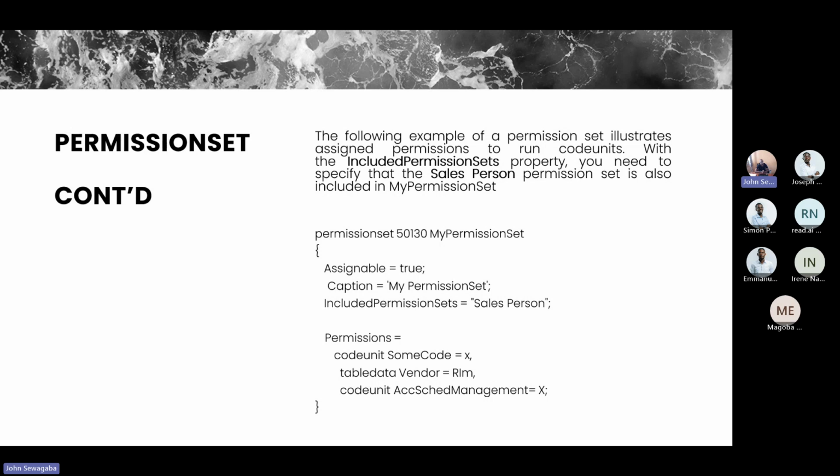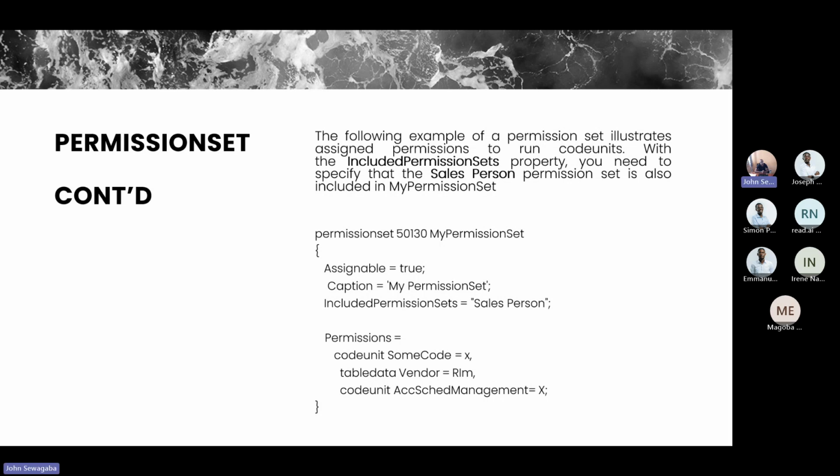I don't have to redefine all the permissions in my new permission set. I can just reference an already defined permission set using the included permission sets property, and it inherits automatically the permissions of the other permission set. Then on top of this, you can add more of your permissions, or more tables, more codeunits, more pages.